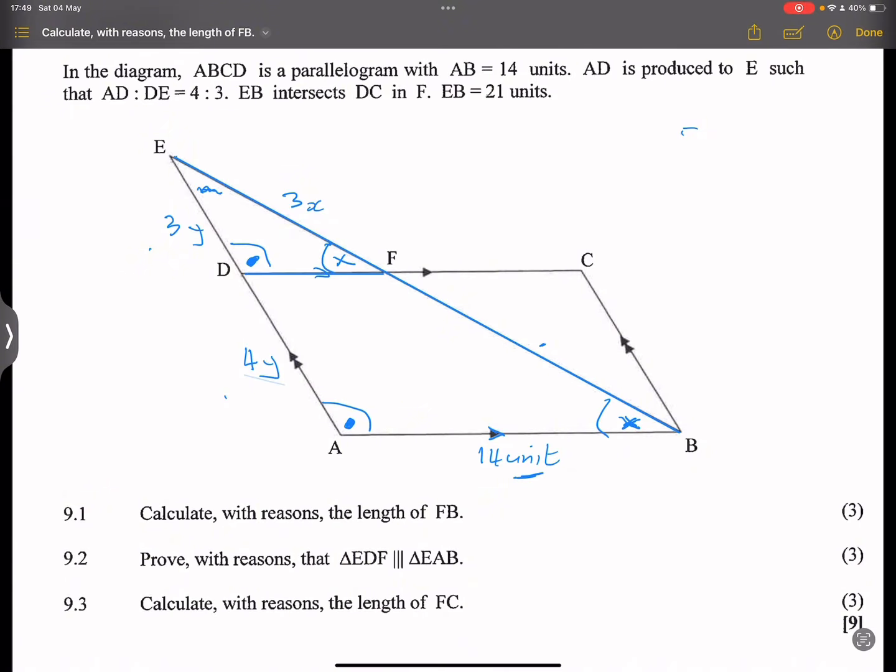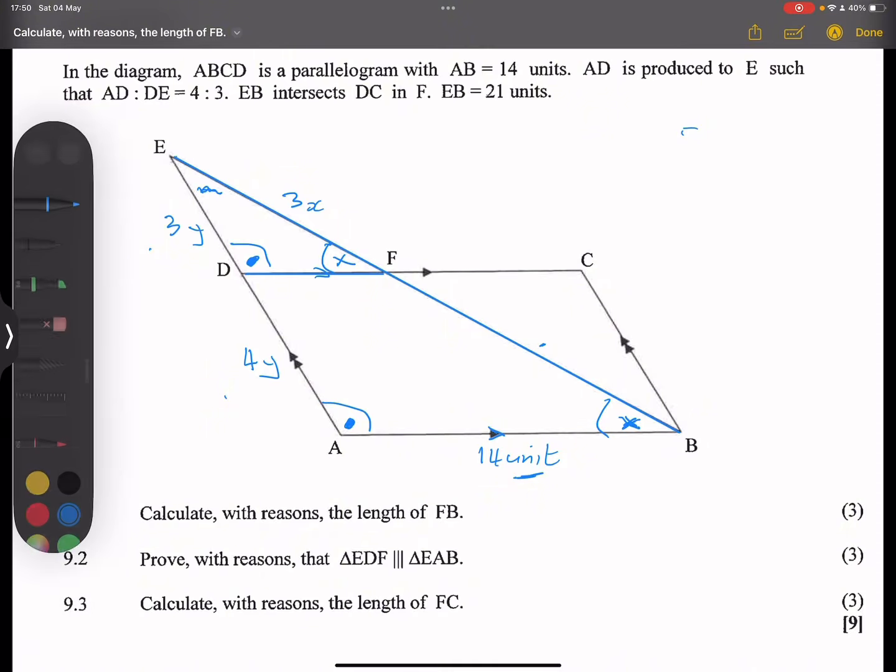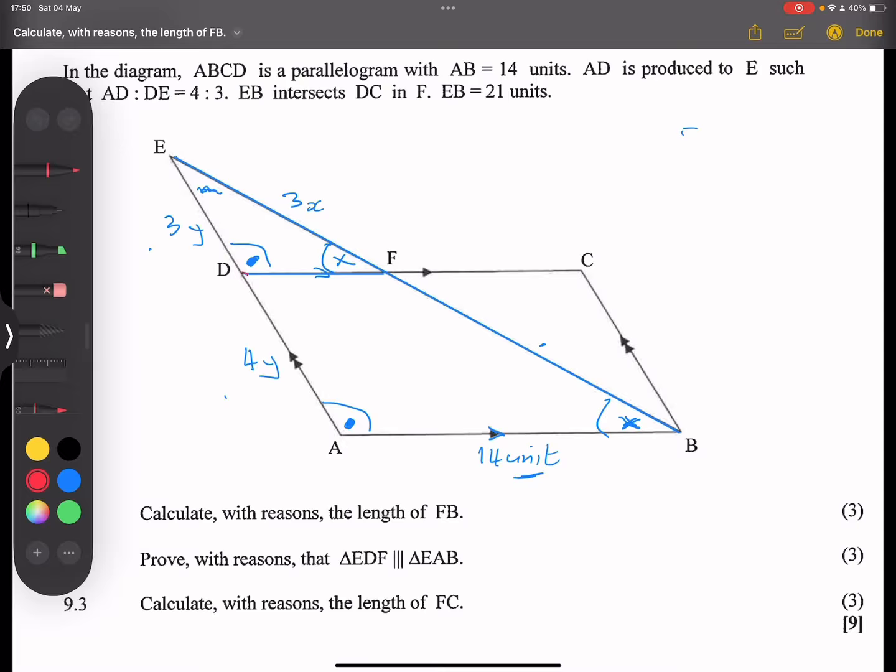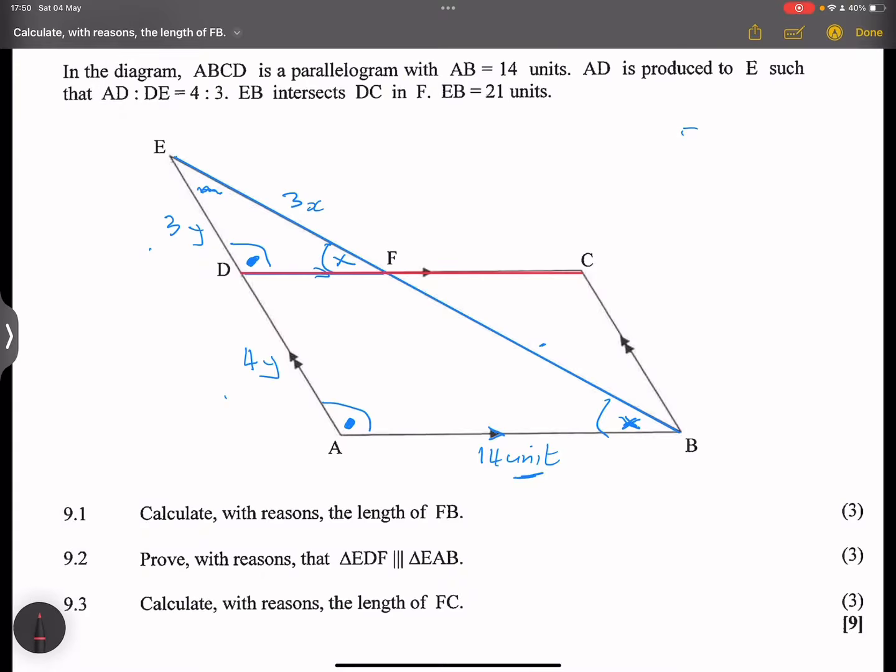Now, remember, I am looking for the smaller side. Now, remember that this guy here, I just want to use some color so that you can see it. So remember that this entire side here would actually also be 14 units, right? Why? Because these are opposite sides of a parallelogram, right?